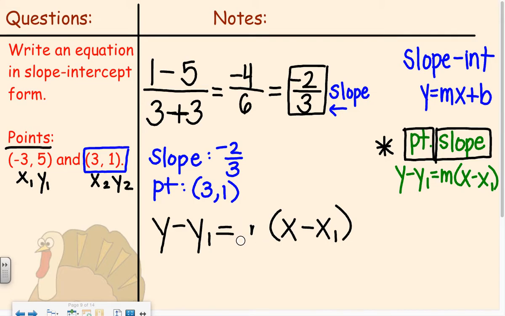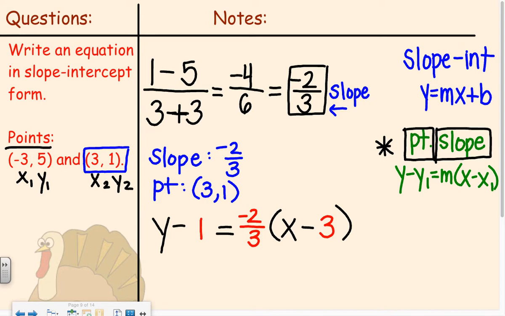So I'll replace my slope with negative 2/3. I'll replace my x1 with my x coordinate, which is 3, and my y1 with my y coordinate, which is 1.